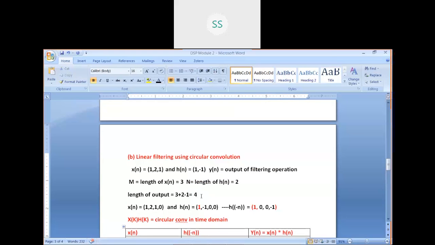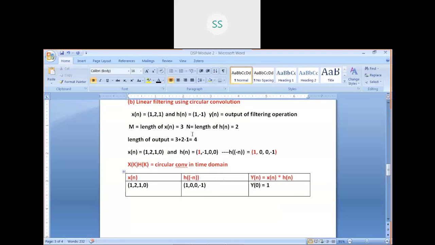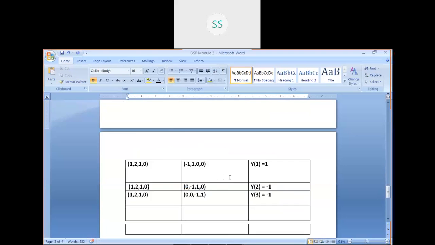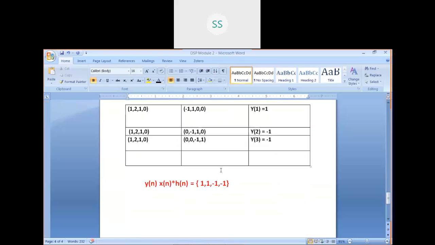But if it is other than 4, then you will have to write another matrix, or you will have to solve the equations. So if you are getting this m plus n minus 1 other than 4, you have to adopt this circular convolution method only, so that will be easy.